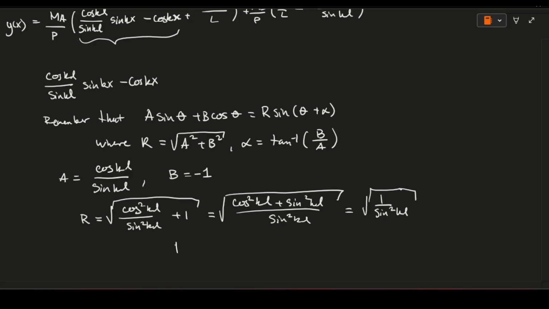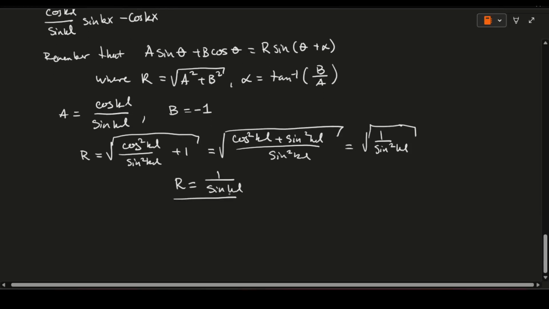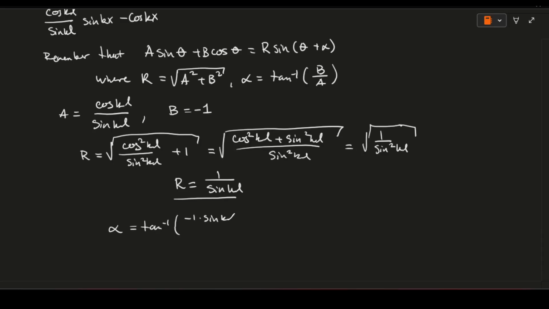So r is then equal to 1 over sine KL. Alpha in this case is equal to the tangent inverse of minus 1 times sine KL over cosine KL.